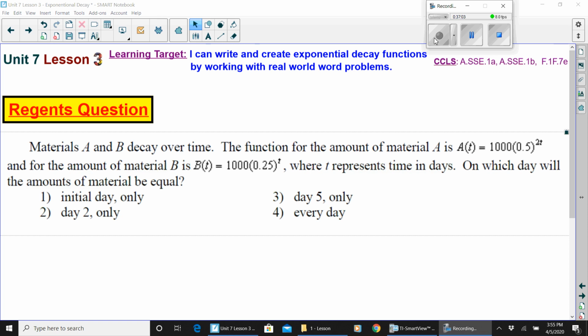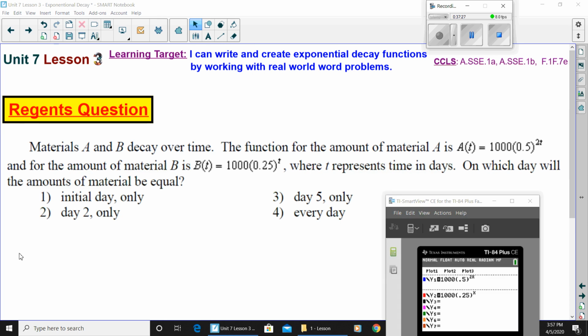Right? So take your graphing calculator and graph each one into y equals. They want to know which day will the amounts of materials be equal. All right. So we'll go ahead, take your calculator, and input both of the equations into y equals. Press pause now.